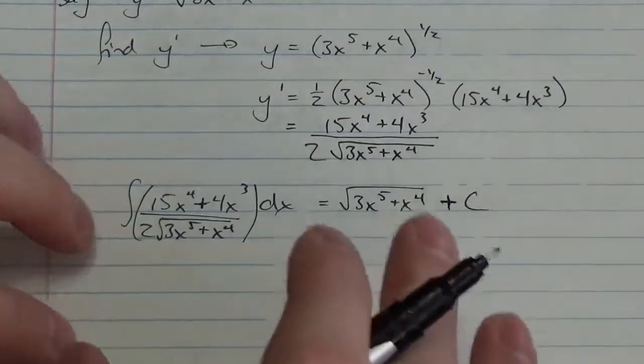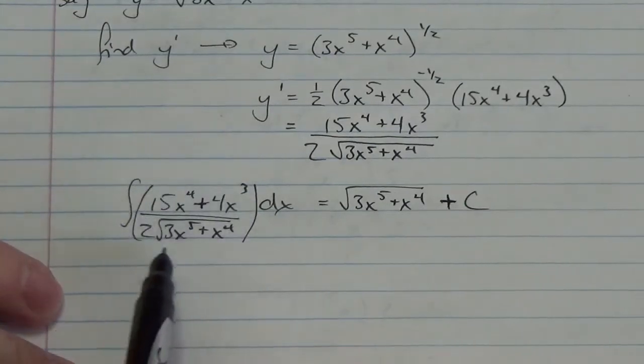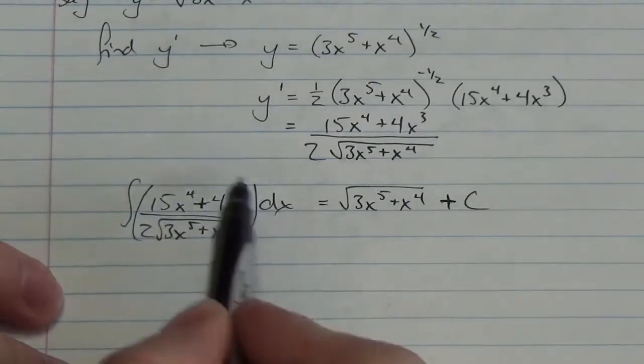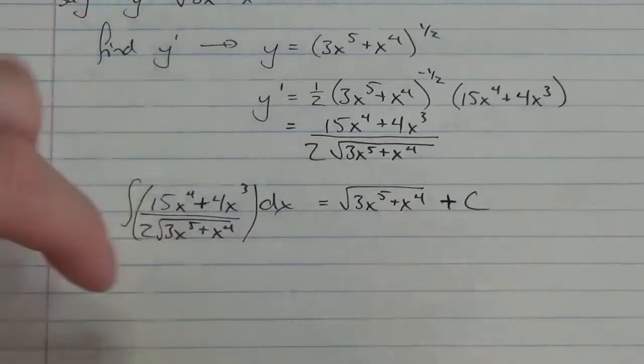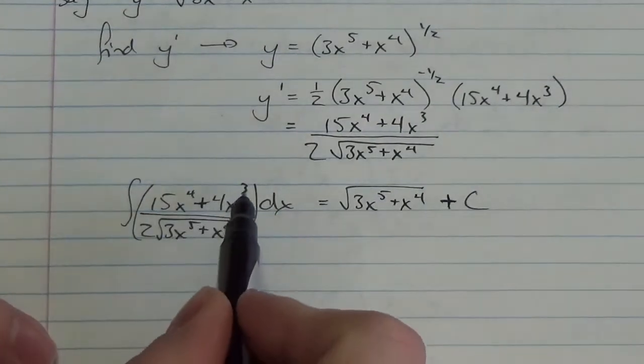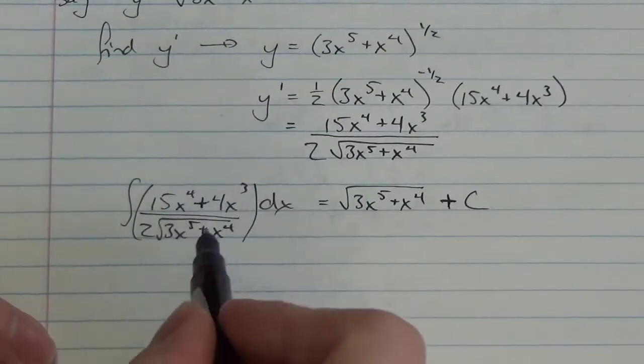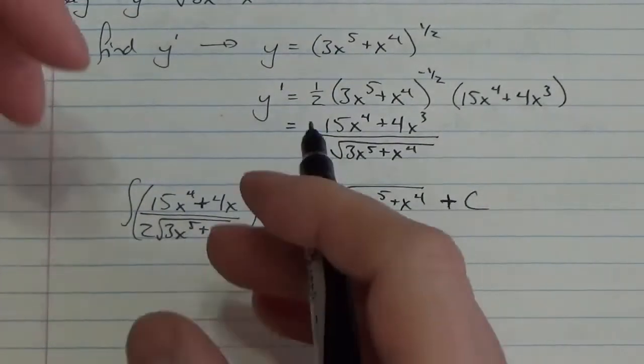But anyway, the point I'm trying to make is that one of the things you want to be able to do is recognize when you're looking at the result of the chain rule so that you can undo the chain rule. And really the way that pops out is when you notice that part of the function is the derivative of another function.